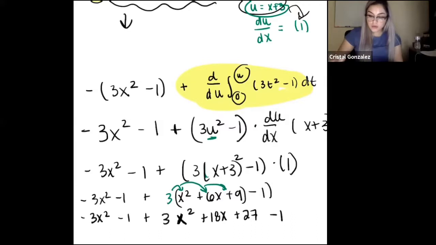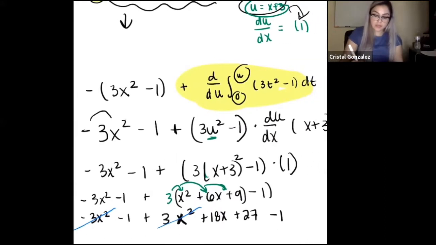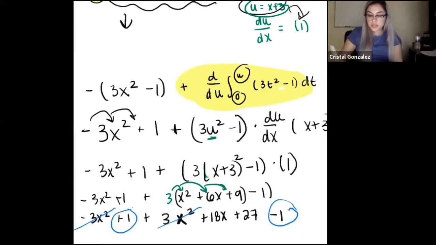And so now if I look closely and I simplify, well, I have a negative 3x squared here and a positive 3x squared. Those are going to go away. This should have been a positive 1 when I distribute that negative value. Sorry about that. Here I have a positive 1 and a negative 1, so these are going to cancel out, and the answer I'm left with is 18x plus 27.